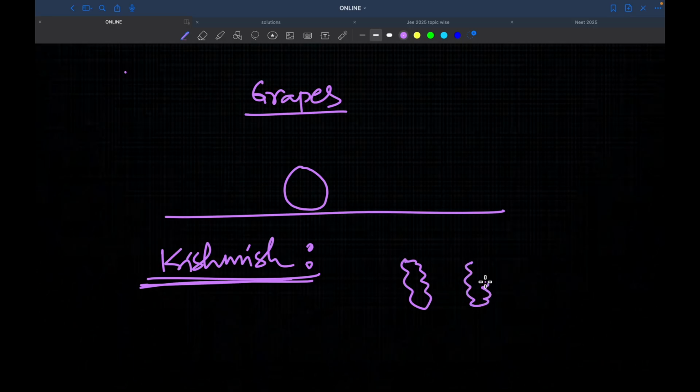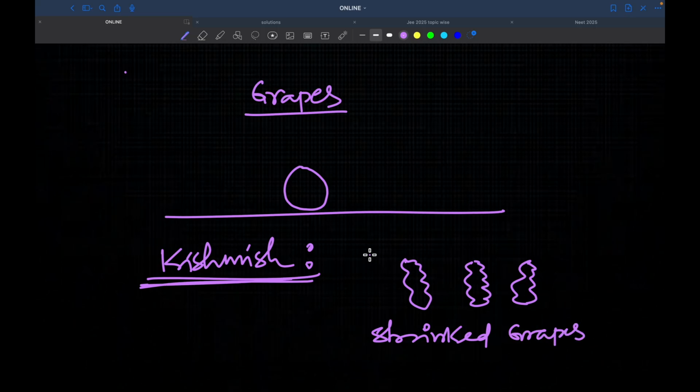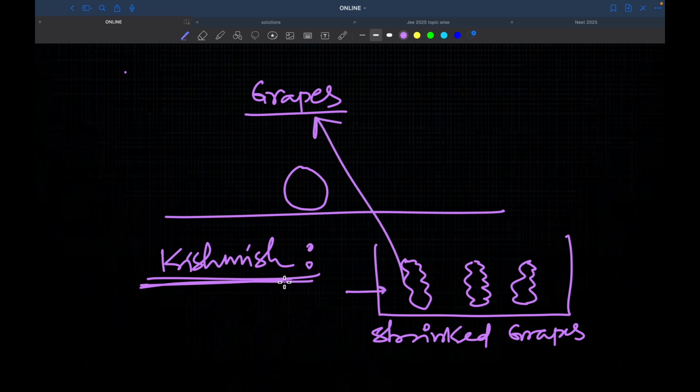The shrunken grapes are nothing but the raisins, right? So these are shrunken grapes. If you keep shrunken grapes in water, by morning you will get grapes. So here also the process which takes place is osmosis. So when you put a grape under sunlight, what will happen?